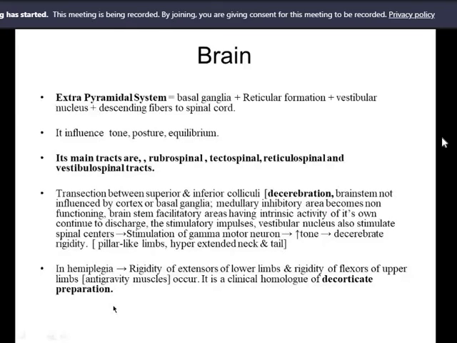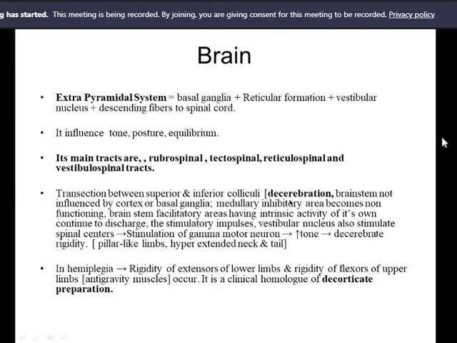It becomes straight, and the hand, the elbow, and from the waist there is a half-circled motion, because the extensors are rigid in the lower limbs, and this is like decorticate preparation.